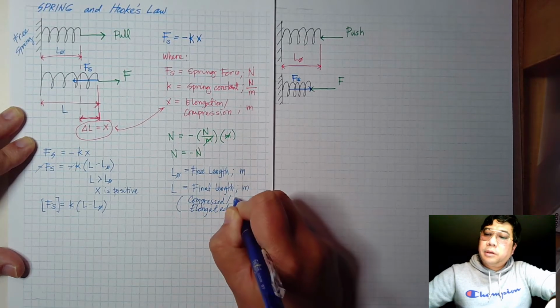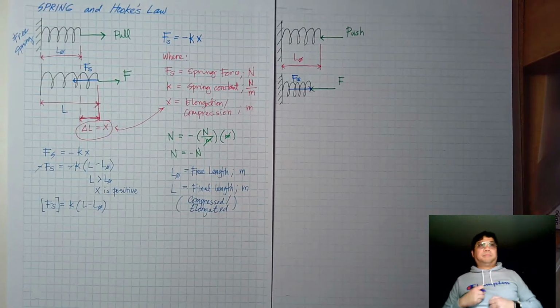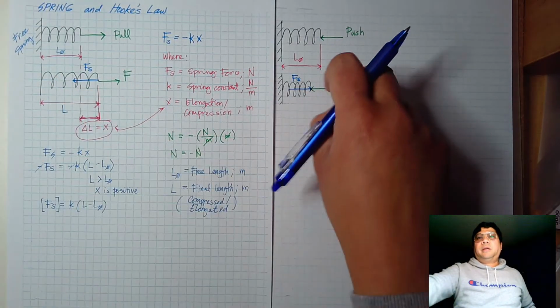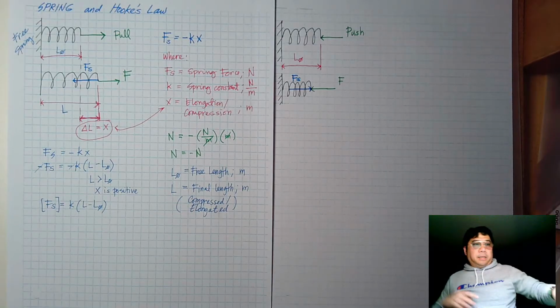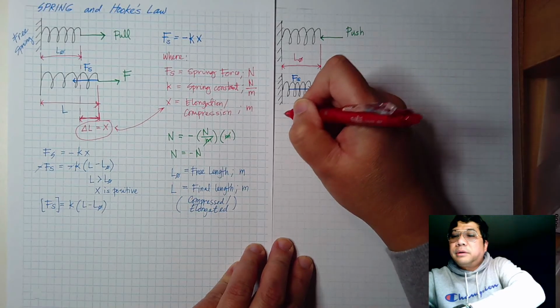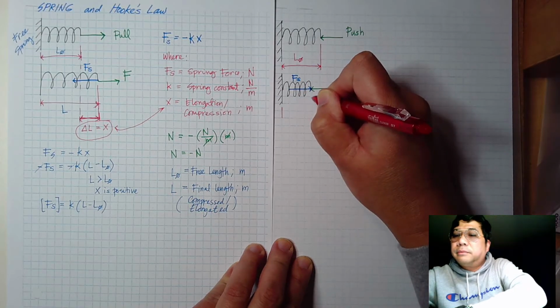And elongated is similar to this example right here. Now we have the second one, which is being compressed. Now we have our final length of L.